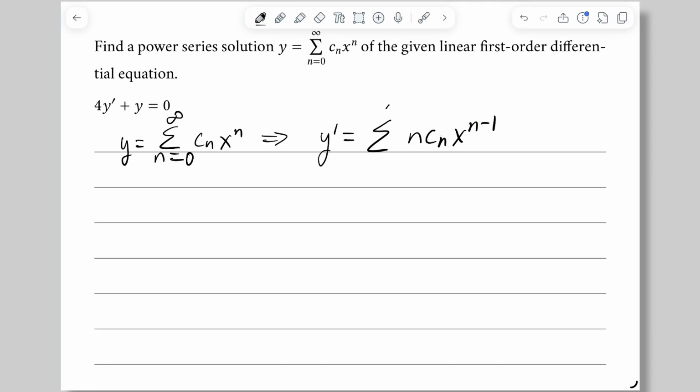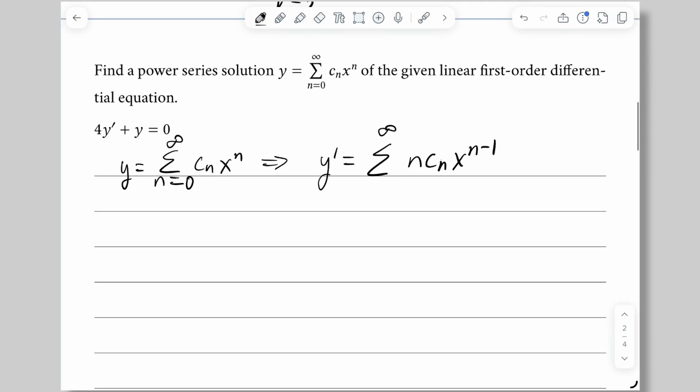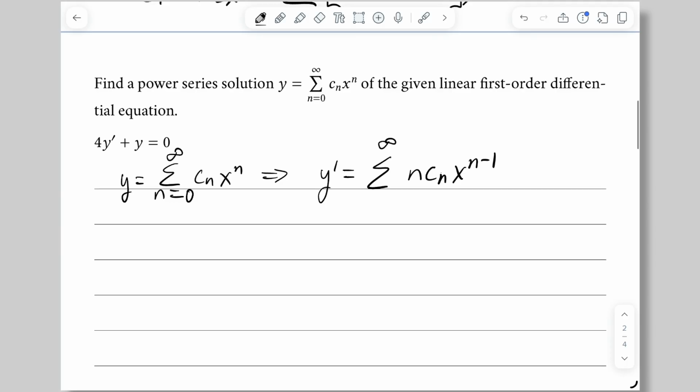But now we have a bit of an intricacy that I need to talk about. Remember that the power series looks like c sub 0 plus c sub 1 x plus c sub 2 x squared, and so on. But we're talking about differentiating this, and the constant term c sub 0 will differentiate to 0. The first term is then c sub 1.